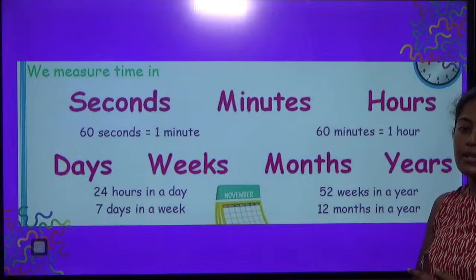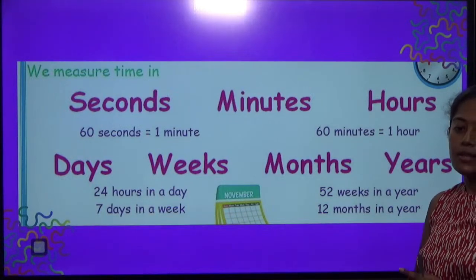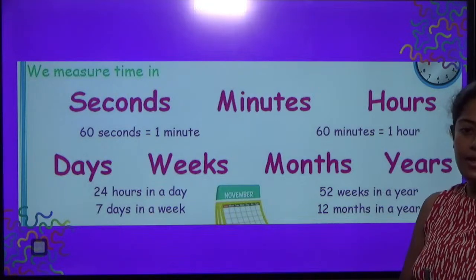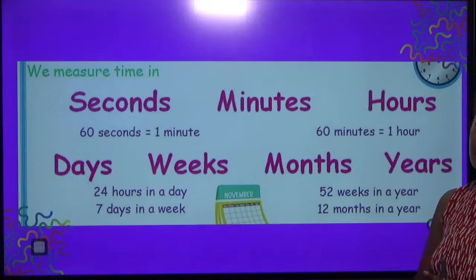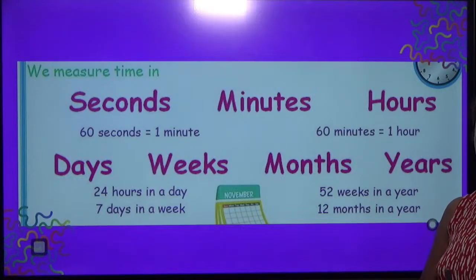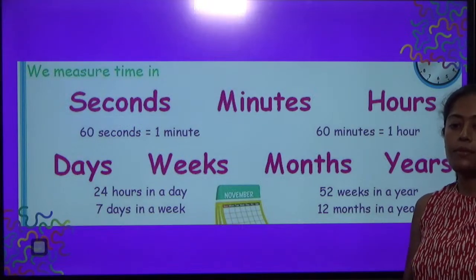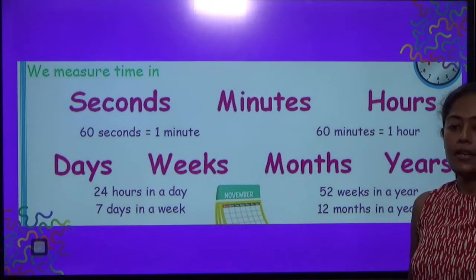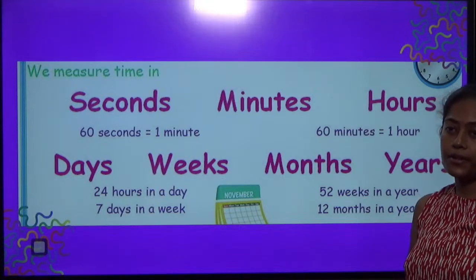So 1 day is equal to 24 hours. Then a week has 7 days, that one also you already know. Then 1 week is equal to 7 days. Then 12 months equal 1 year. Same thing, 52 weeks also equal 1 year.